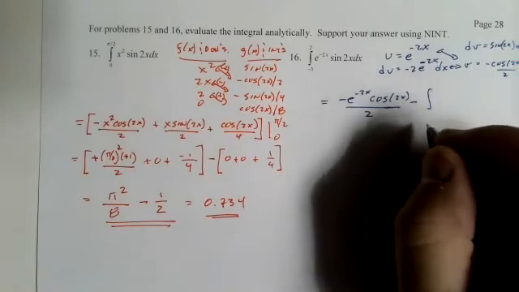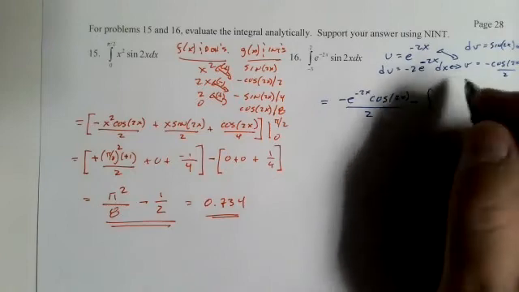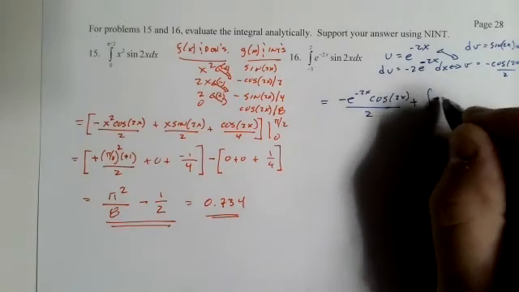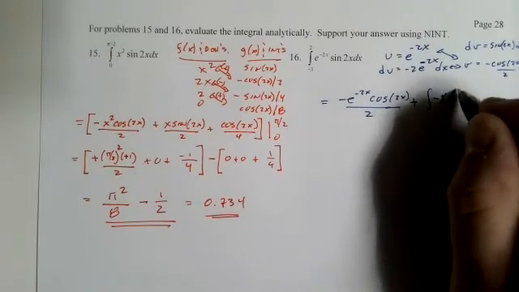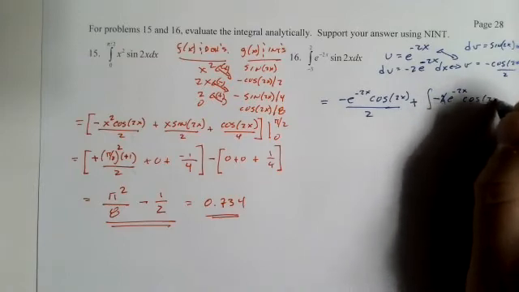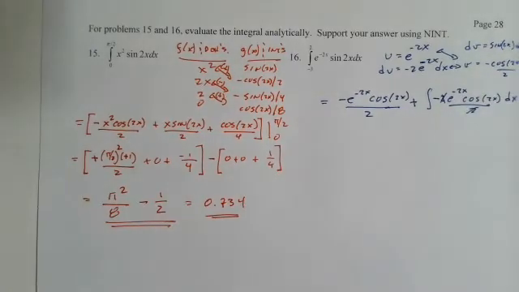Negative cancel. Bad, that was weird. I am going to bring it inside. -2, it's going to cancel. e to the -2x cosine of 2x over 2, cancel, dx.